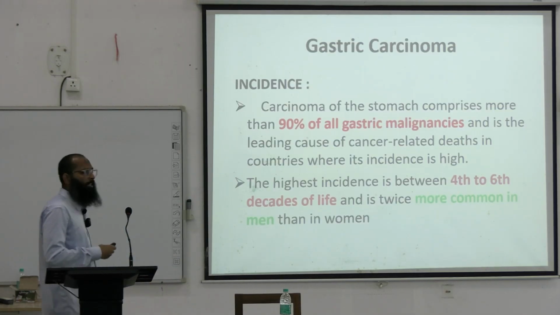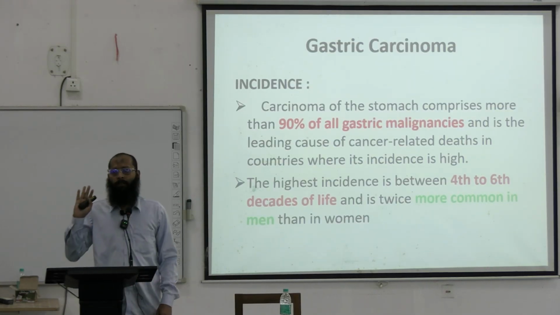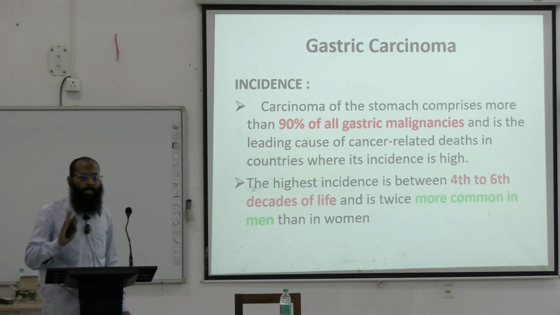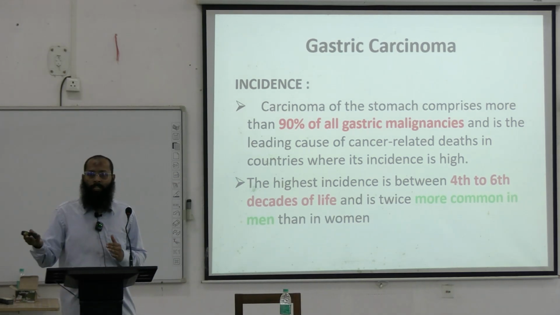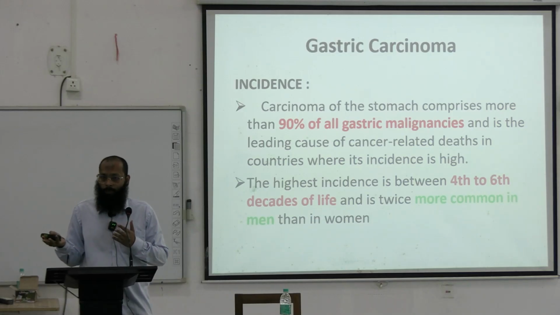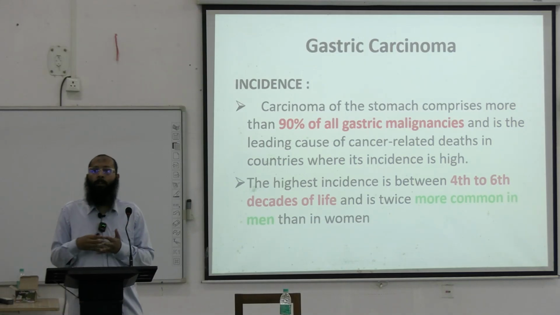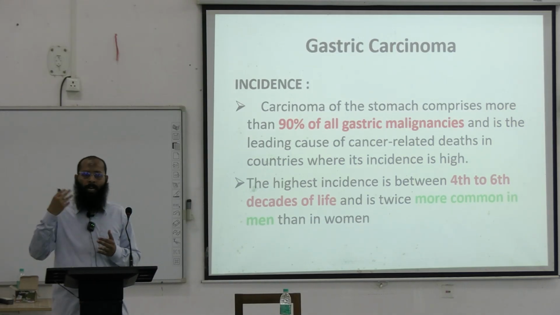Carcinoma is the most common stomach cancer, and in 90% of the patients it is carcinoma. In 10% of the cases there are other kinds of tumors like neuroendocrine tumor, gastric lymphoma or other tumors.